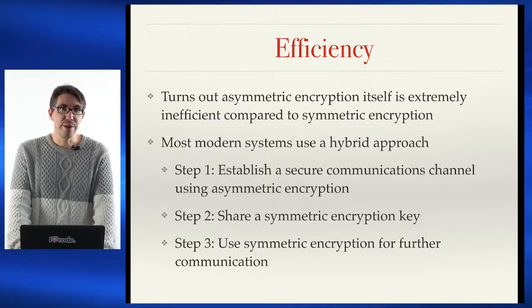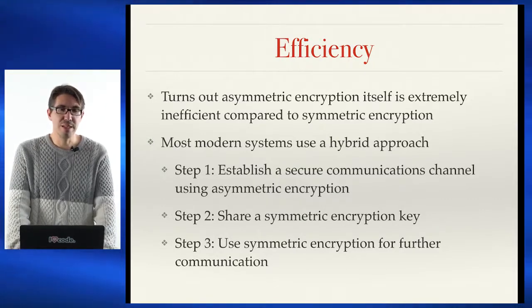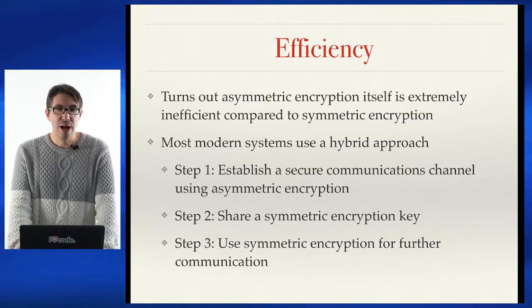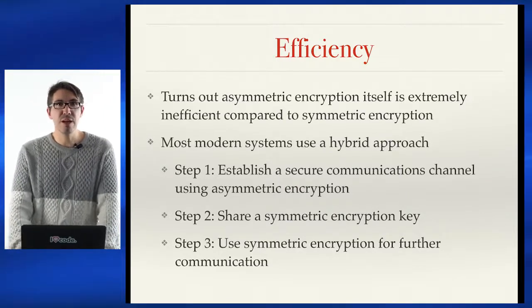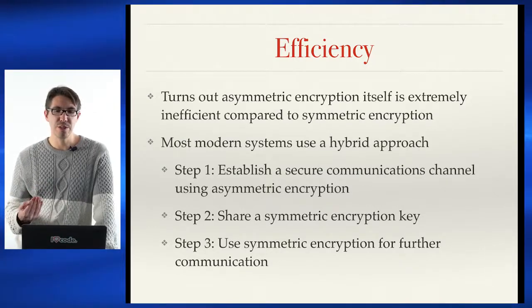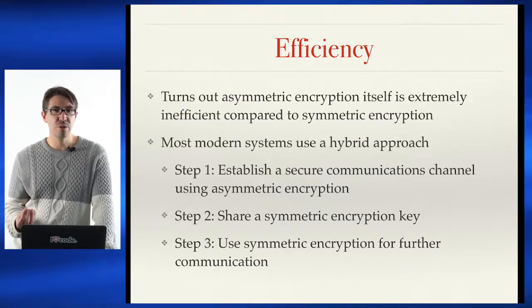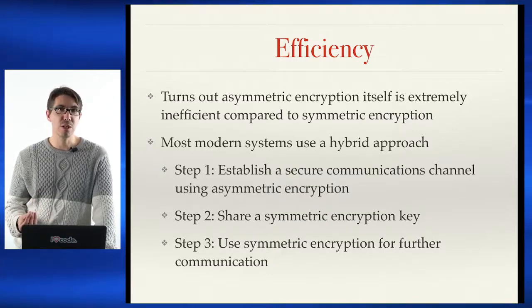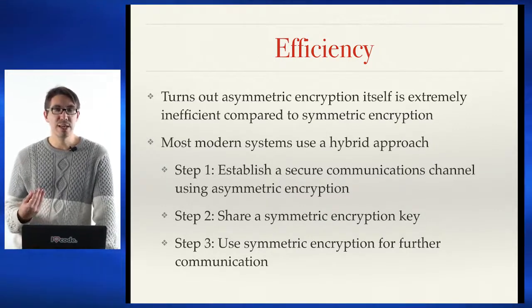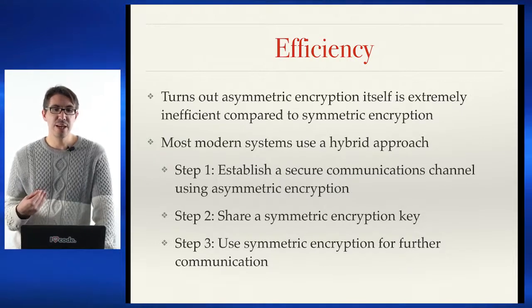One problem with asymmetric key information exchange, it turns out, is that it's rather inefficient. It's relatively slow. So what you'll see with most modern systems is that if two entities wish to communicate, they will first establish a secure communications channel using asymmetric encryption, which is slow but does allow us to exchange information over a public network in a secure way. Once communication has been established, they can use that to share a symmetric encryption key.